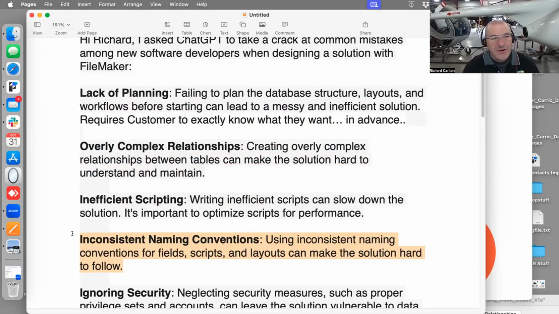In the world of FileMaker, you don't normally have teams that big. You might have a team of 2 or 3 people, and you 3 should get together and decide what your naming convention should be. Most FileMaker developers are a one man band, one woman band kind of thing.